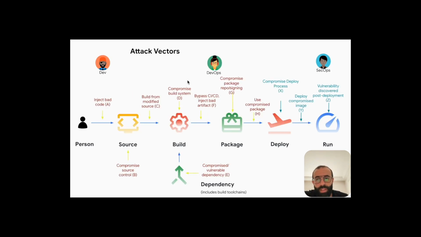As you might know, these attacks highlighted the devastating potential of supply chain attacks, where a single compromised component can impact a vast network of users, and there are many attack vectors, as you see here in the slide. For example, when a person starts to code, they can inject bad code. After the code, you can compromise source control, or build from modified source, not the original one. So we have a lot of attack surfaces or attack vectors.